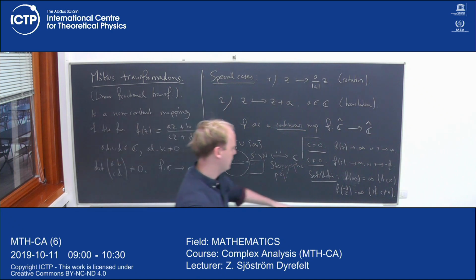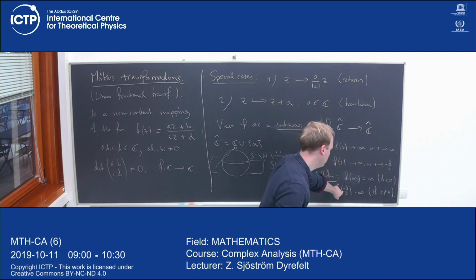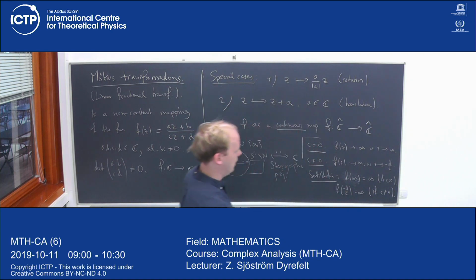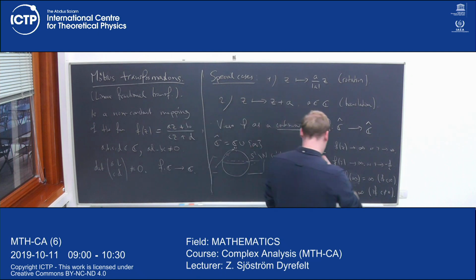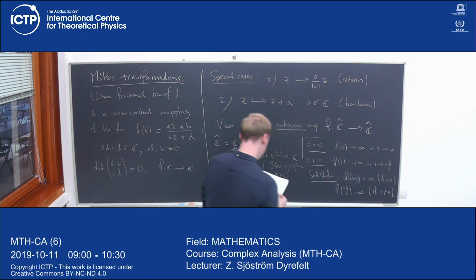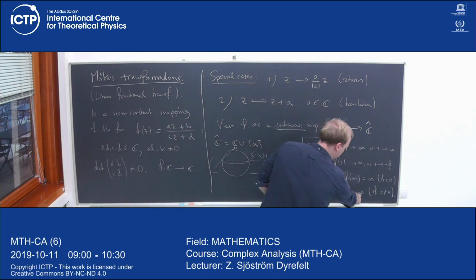And I can define all these things in this way. I can also see what will be f of infinity here, for example, and I can define all these things to get the map that is continuous on the extended complex plane. Okay, so what I have left to do here is I have to tell you where infinity is sent.